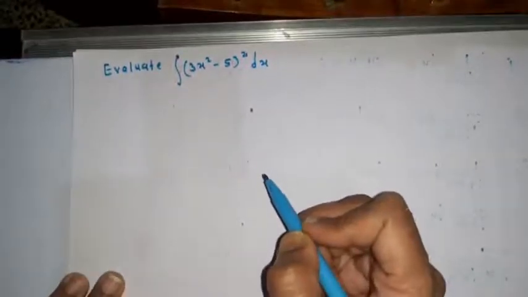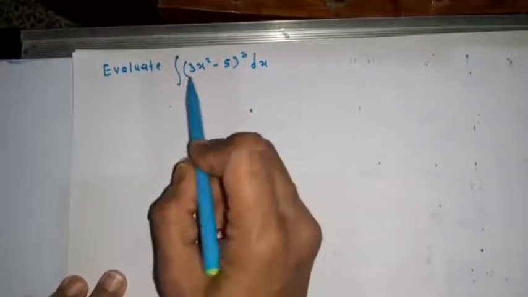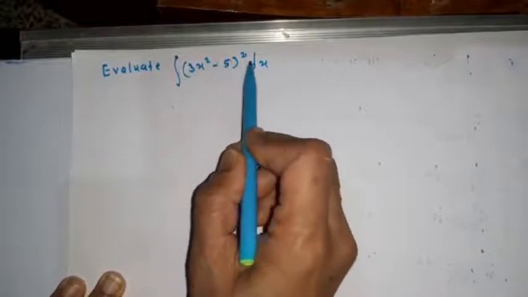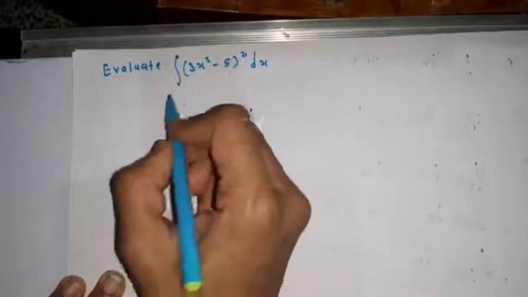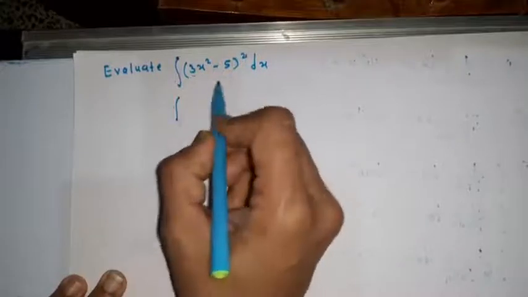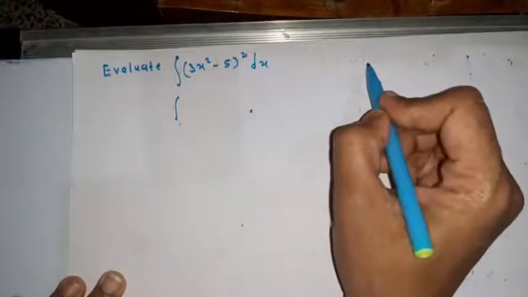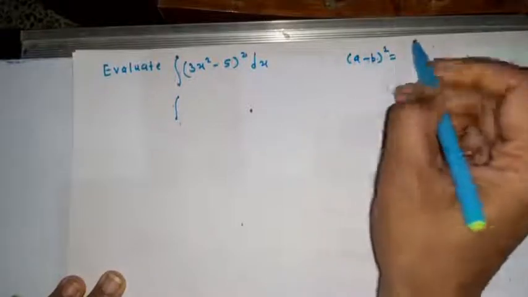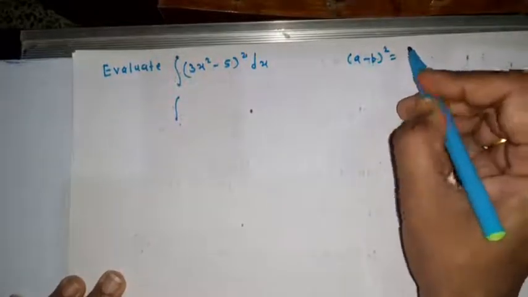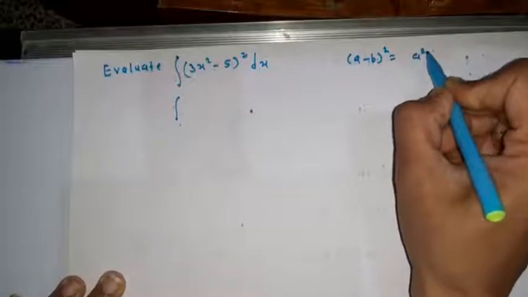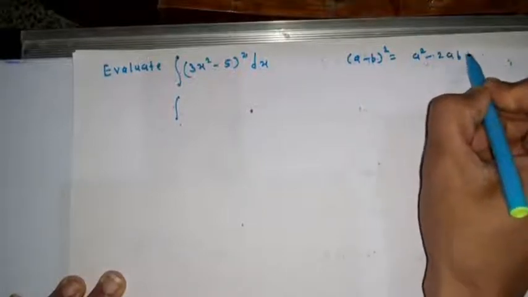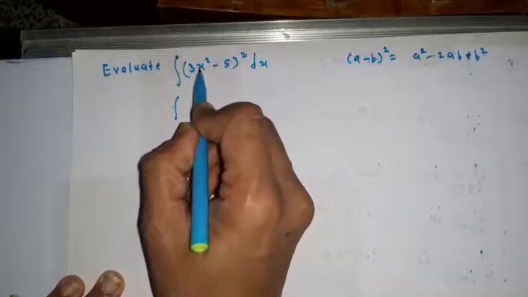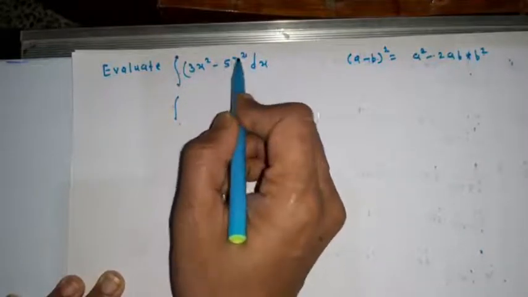Okay students, let us simplify this, that is 3x square minus 5 whole square, by using the formula for a minus b whole square, that is a square minus 2ab plus b square.